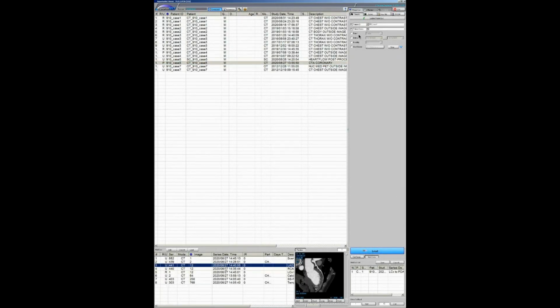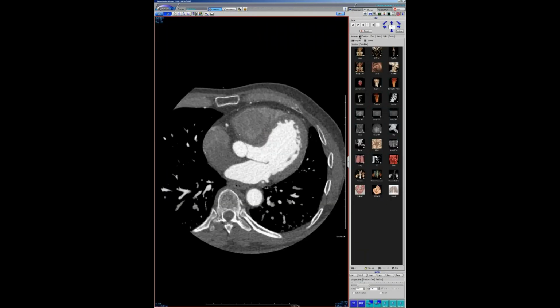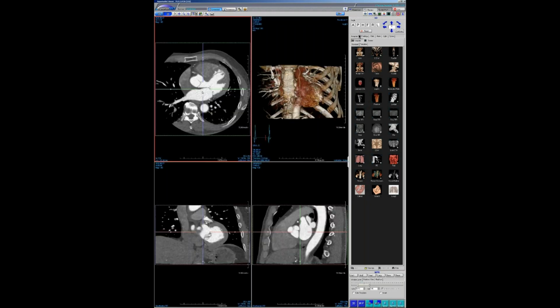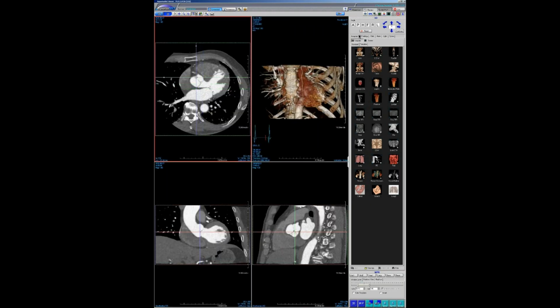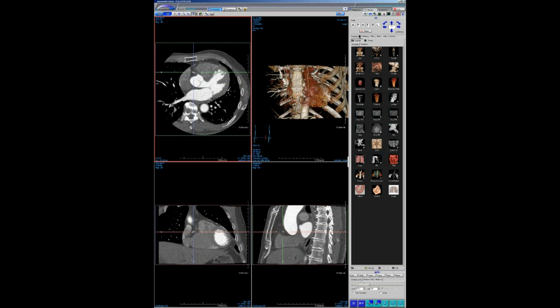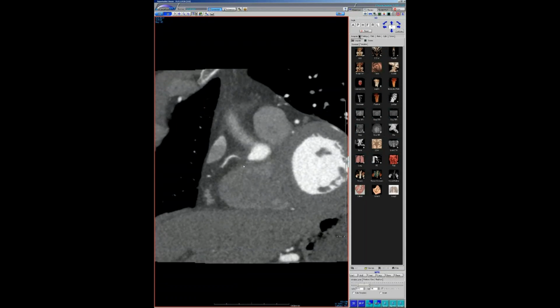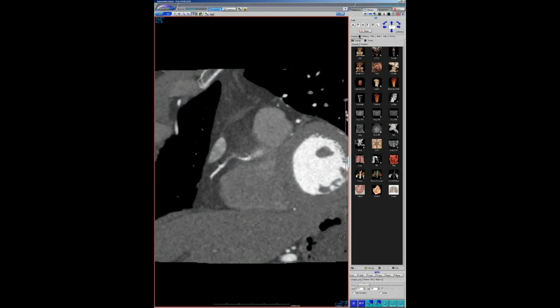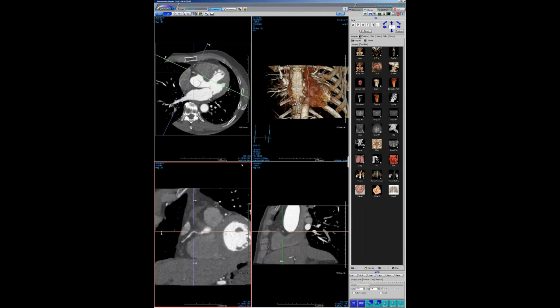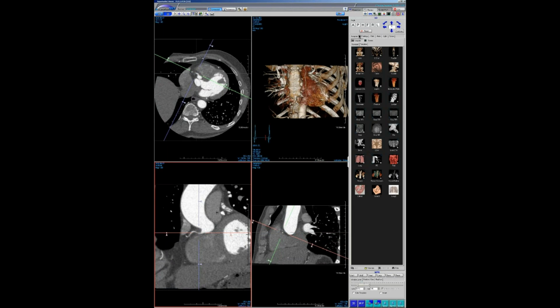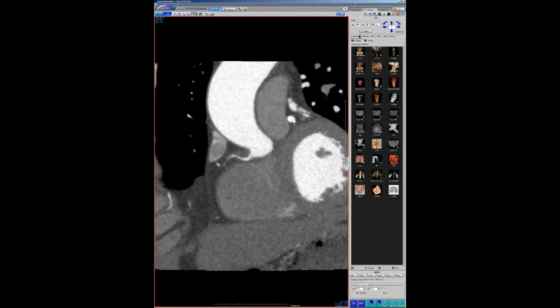You can see here the patient has a pretty trashed proximal RCA, a lot of inflammatory changes surrounding it. Not a happy looking proximal RCA. Definitely looks like at least a severe stenosis. I don't know if it's hemodynamically significant, but we base so much on just degree of narrowing. Again, this is not a happy looking vessel.